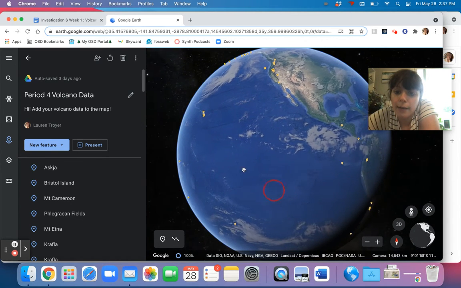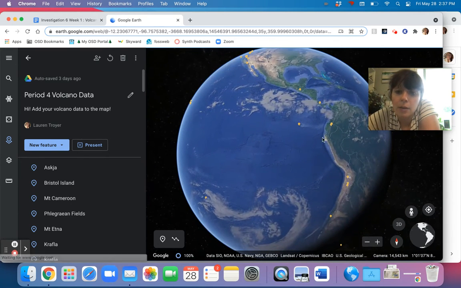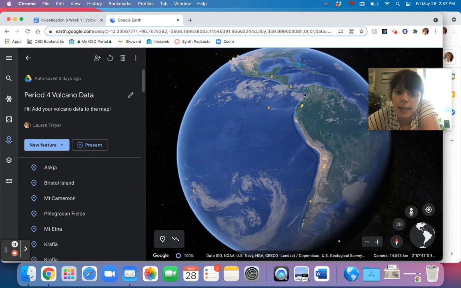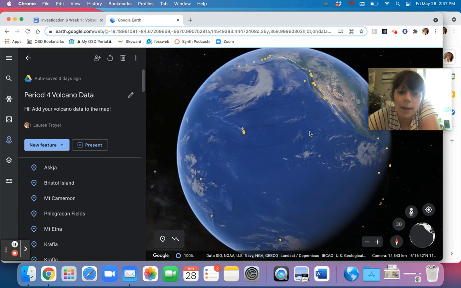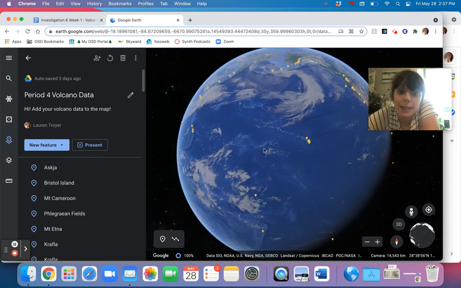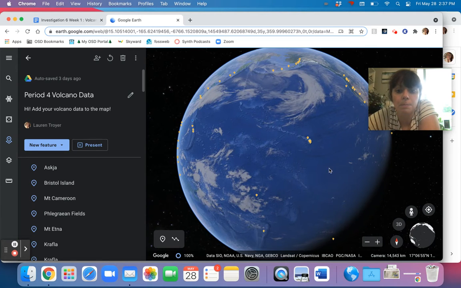And if I travel down, still along the Pacific Ocean, I see quite a few along the South American coastline. So where do they occur? Definitely around the Pacific Ocean, often along coastlines or on islands.